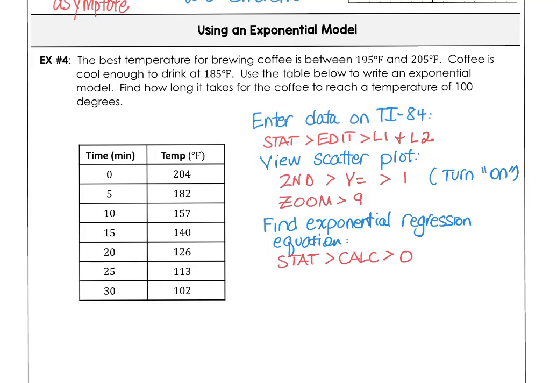And we want to do vars, and then the y vars, and then 1, and then 1 again, and then enter, and then enter again. And that way it will do all the calculations for us.